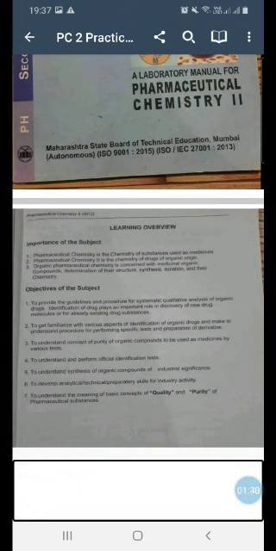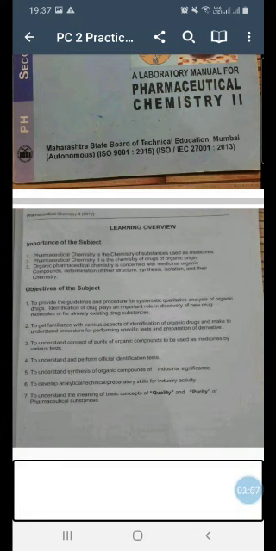Then the third experiment is to determine the boiling point of a given liquid organic compound. When we talk about physical constants, one of them is melting point, which is used for solids, and another is boiling point, which is determined for liquids.